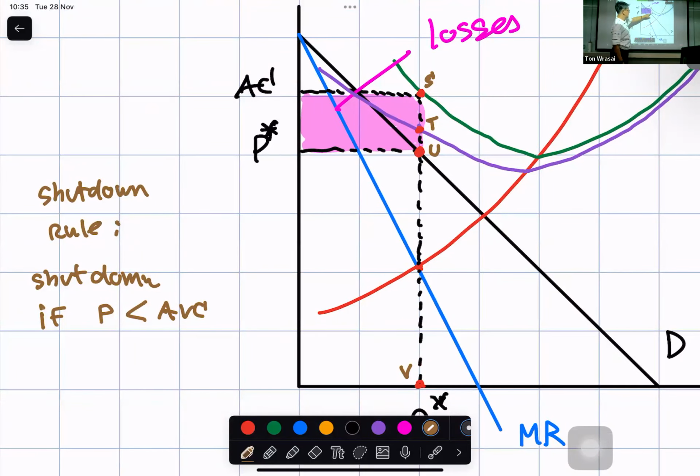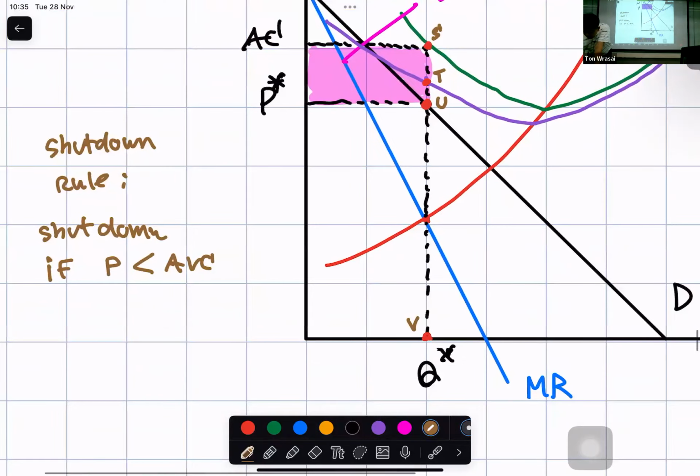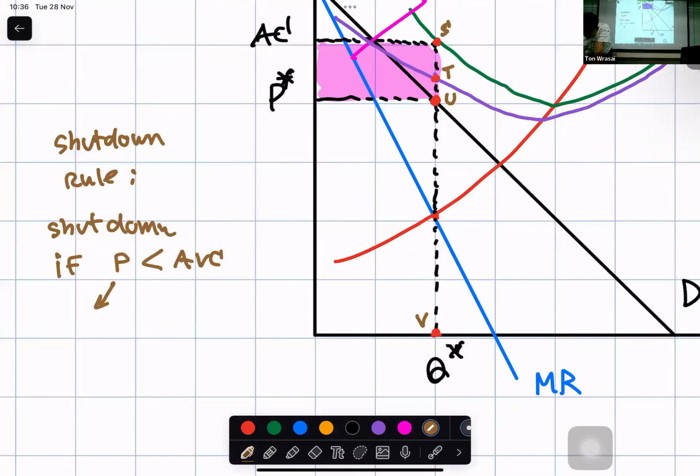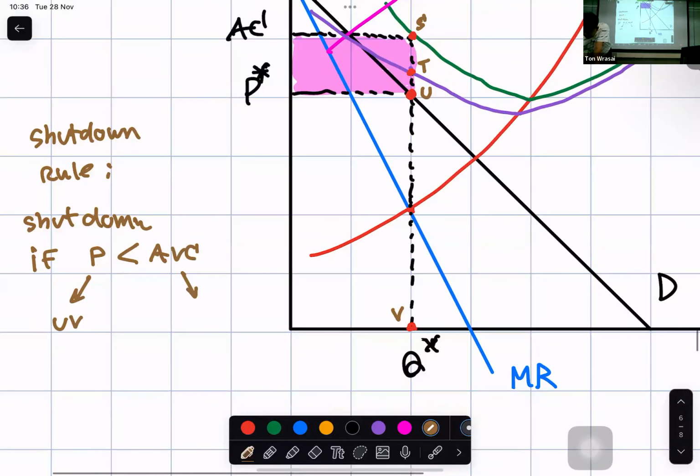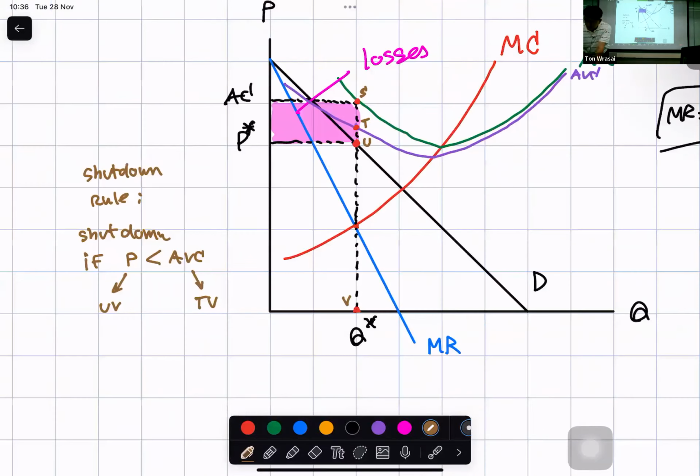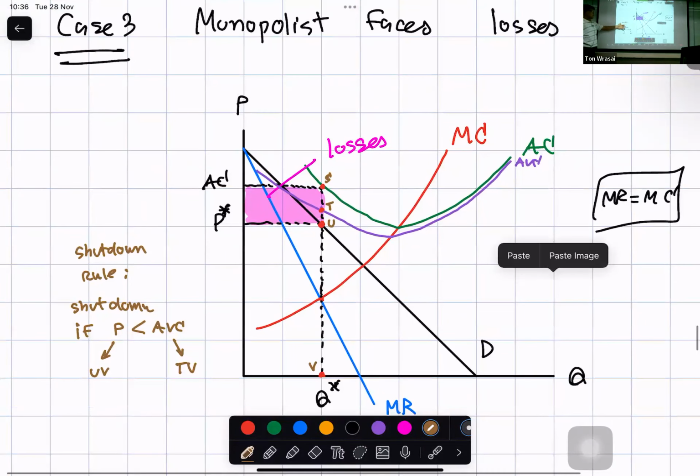Oh, this guy should shut down in this case. AVC is taller than price. So in this case, the monopolist should shut down when it faces loss.